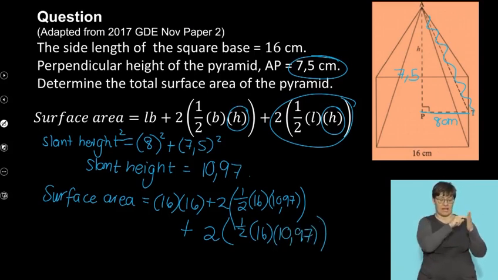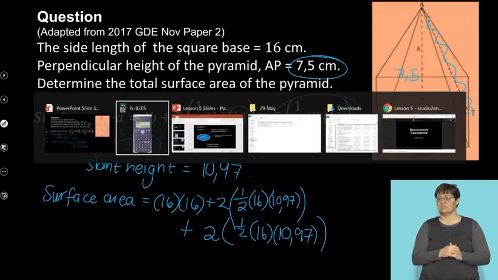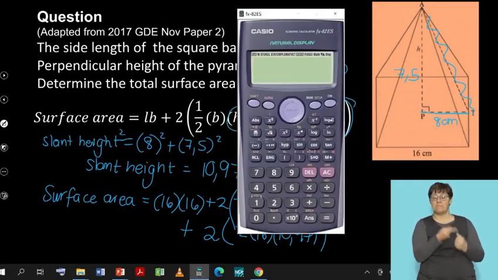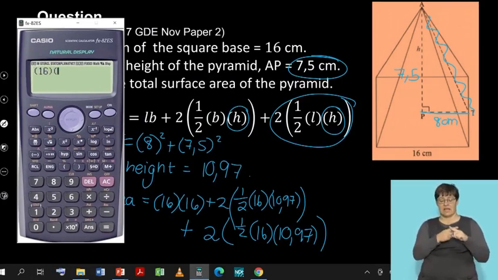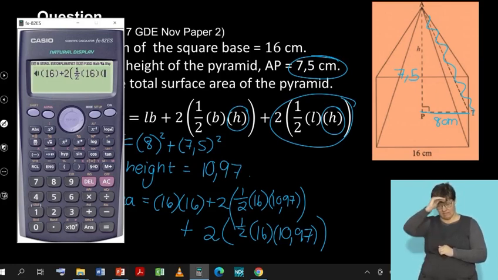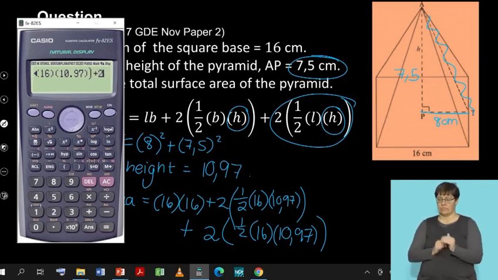So now I need to plug this all into my calculator, because that will give me my answer for surface area. So it's going to be 16 times 16 plus 2 times a half multiplied by 16 multiplied by 10,97 plus 2 times a half multiplied by 16 multiplied by 10,97.